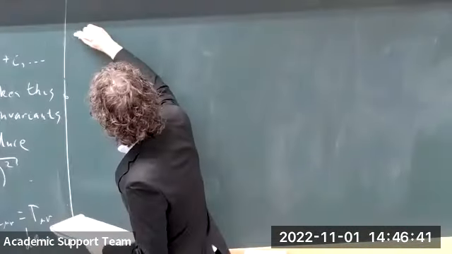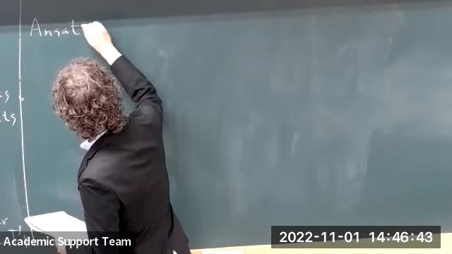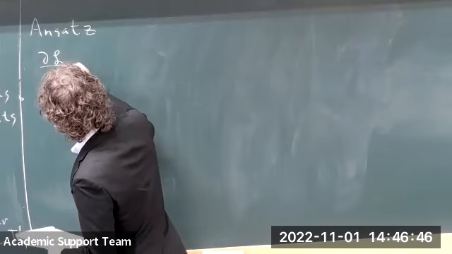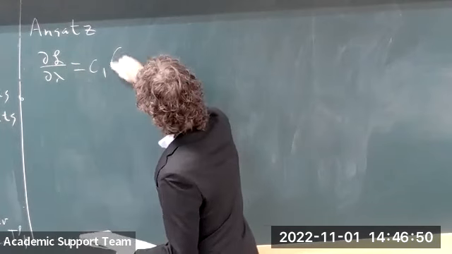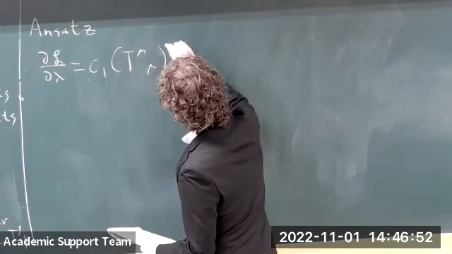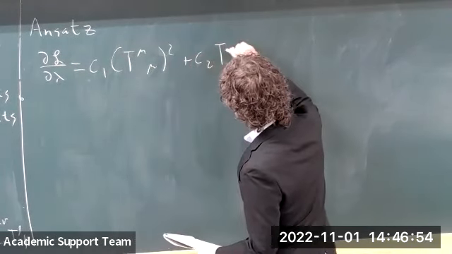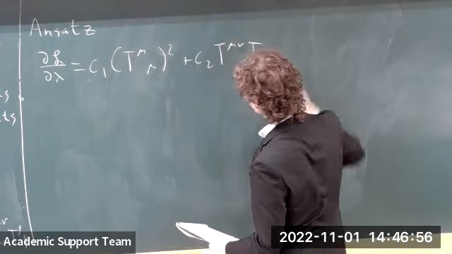But the statement I was going to make is that in d dimensions, if we make an ansatz of the following form, so d Lagrangian d lambda, we'll add in one more term. The trace squared piece is still there. There's the quadratic piece, which looks like this.